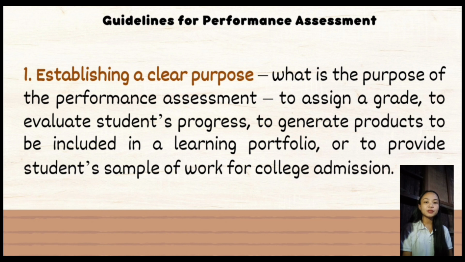Now, what is the purpose of the performance assessment? It could be either to assign a grade, to evaluate the student's progress, to generate products to be included in a learning portfolio, or to provide student samples of work for college admission. So the purpose of the performance assessment should be made clear to the students first.